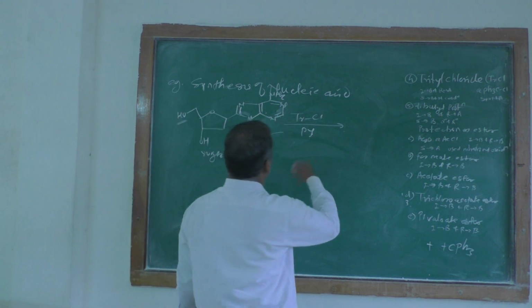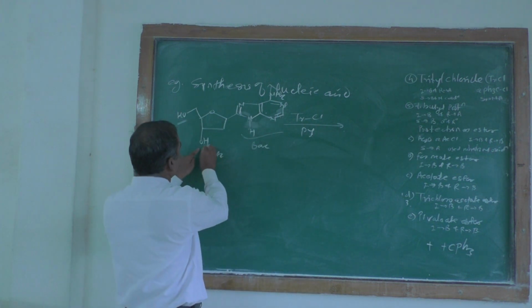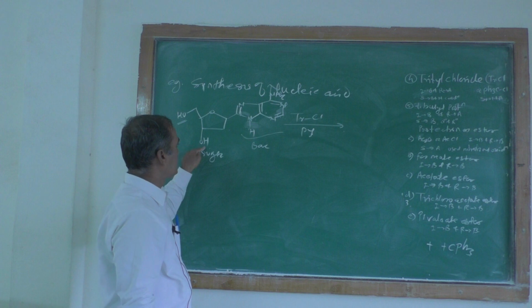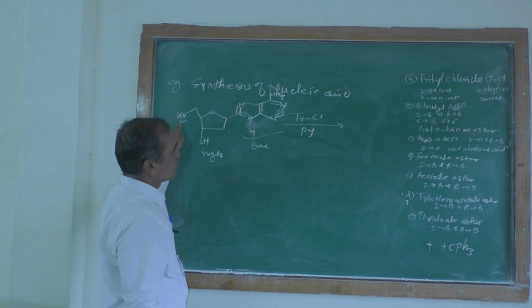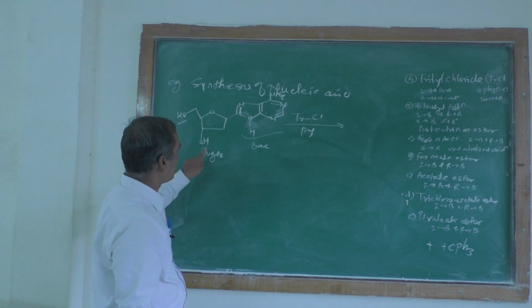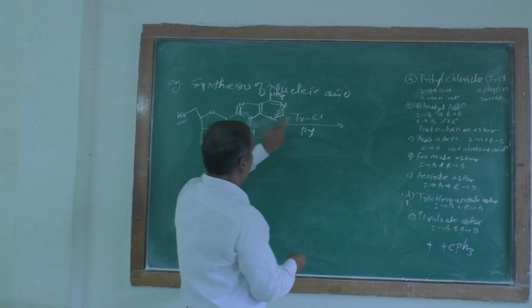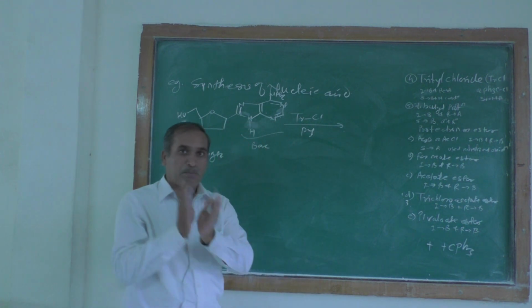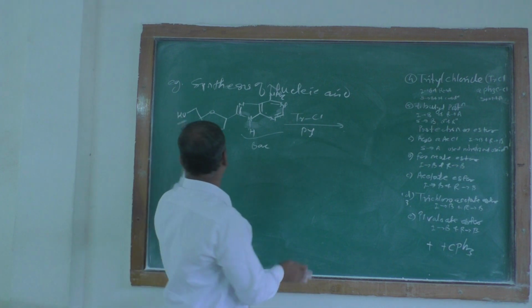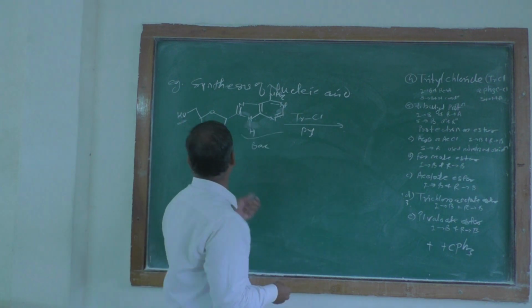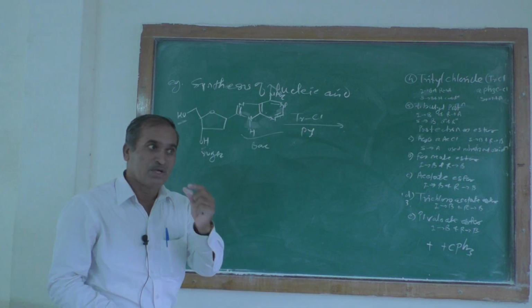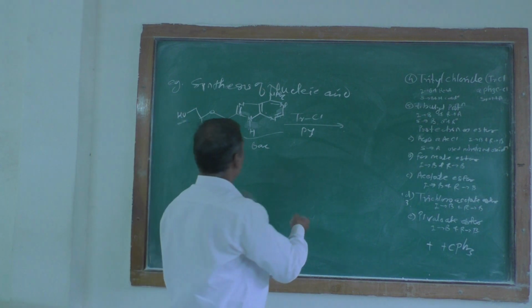The resulting compound is not going to attack that OH because it is bulkier than this one. This is a primary alcohol, this one is a secondary alcohol, so trityl chloride specifically protects the primary alcohol. It is used for the protection of the primary alcohol.